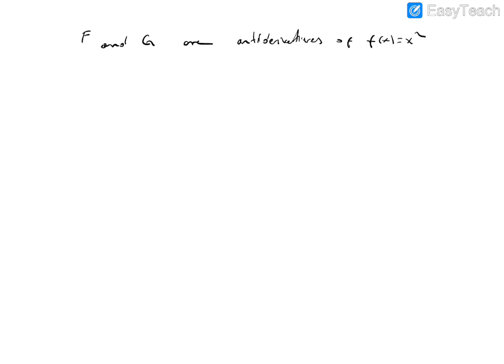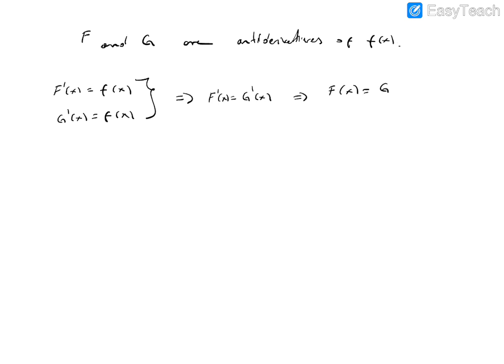So F prime is small f of x and G prime is small f of x. So this implies F prime equals G prime. So capital F prime of x equals capital G prime of x. So this implies F of x equals G of x plus k.